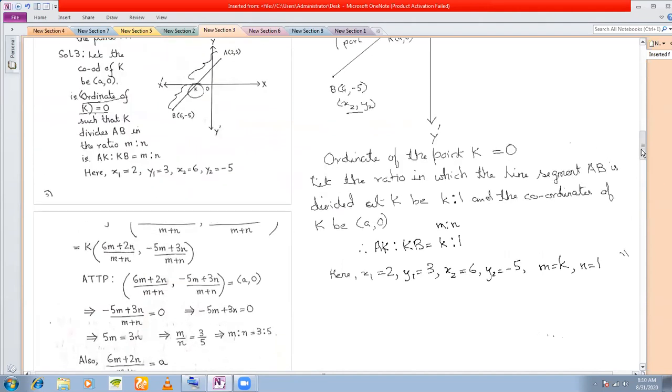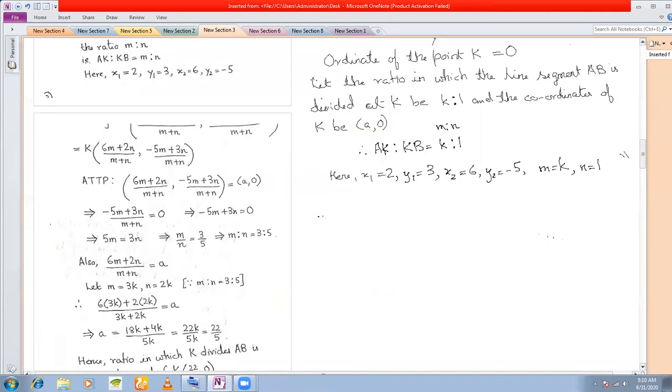Now we'll write the coordinates of K. We'll write the section formula: mx2 plus nx1 by m plus n, my2 plus ny1 by m plus n.